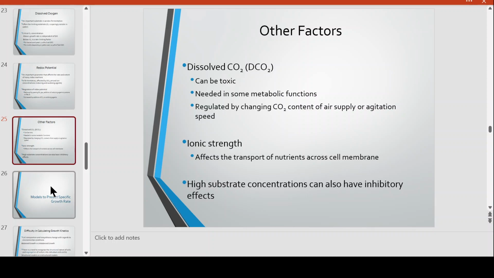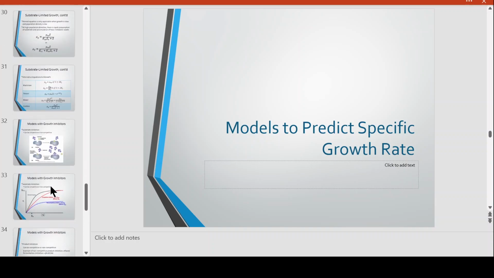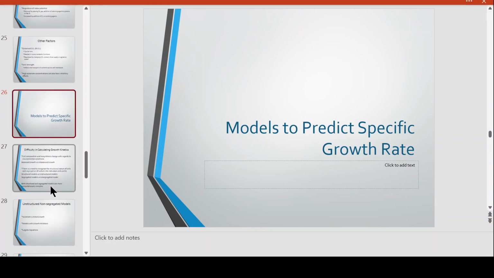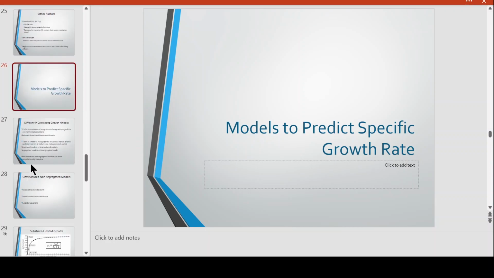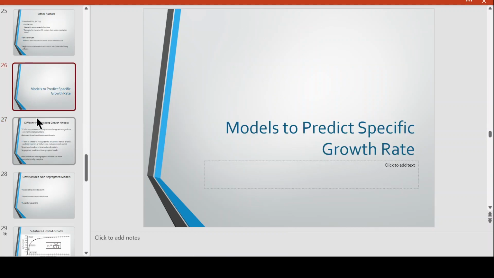Okay, so let's now move on in the same video lecture with models to predict the specific growth rate. There are models, and it is plural. We are not limited.